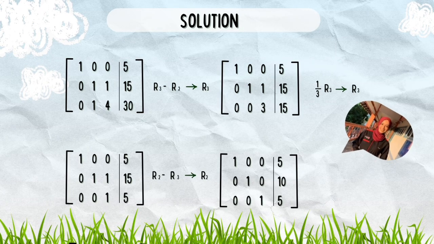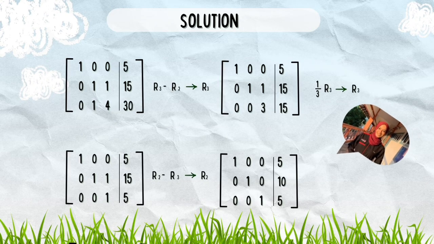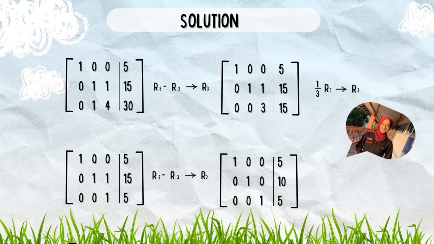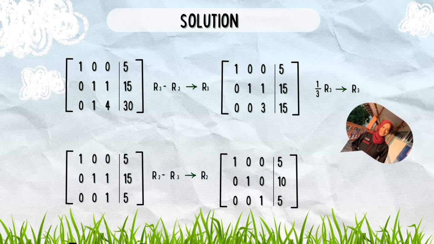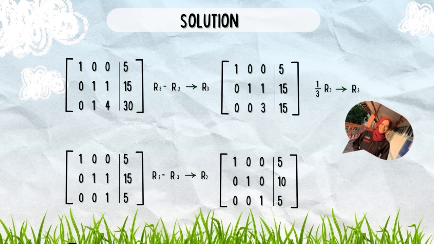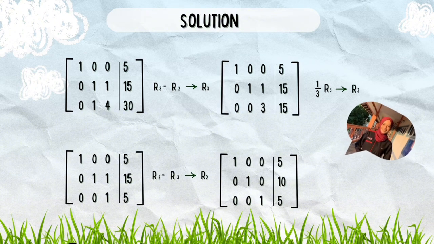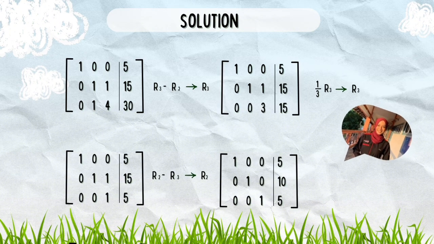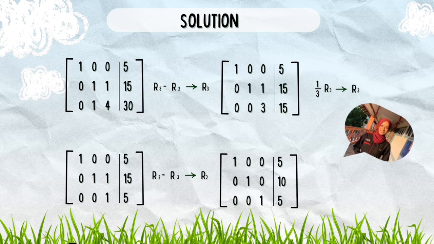Then we have to change the 3 in row 3 and column 3, which is the leading, to become 1. And the calculation is 1/3 times row 3 equals row 3. And the answer will be 0, 0, 1, 5. Last but not least, we have to make row 2 in column 3 0, which is 1 becoming 0.